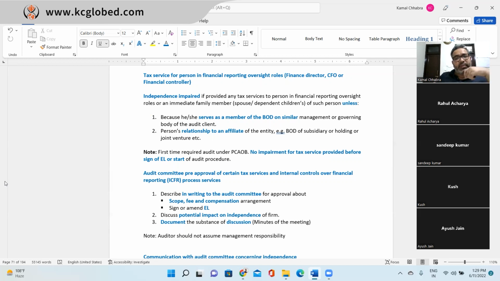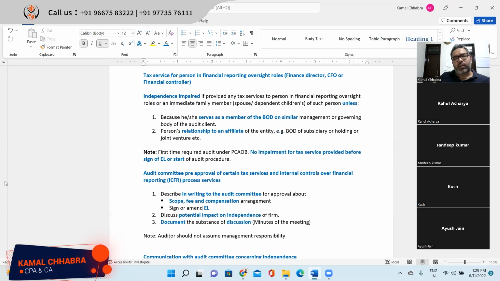Second is the person's relationship to the affiliate of the entity, board of director or subsidiary or holding or joint venture. A similar example, let's say Motherson Sumi. Motherson Sumi is a company listed in India, and they have operations in around 26 countries, and they have huge operations in the US also, and they are also listed in the US. Now let's say they appointed one person from India to the US, right?